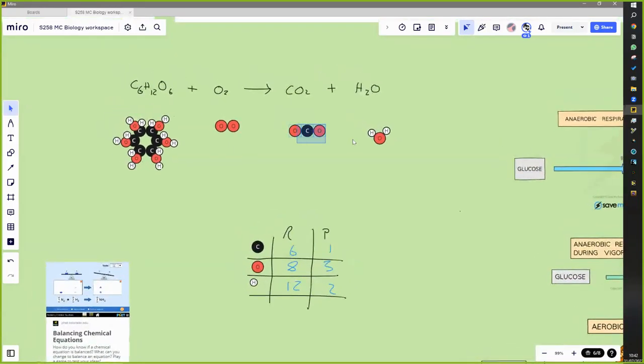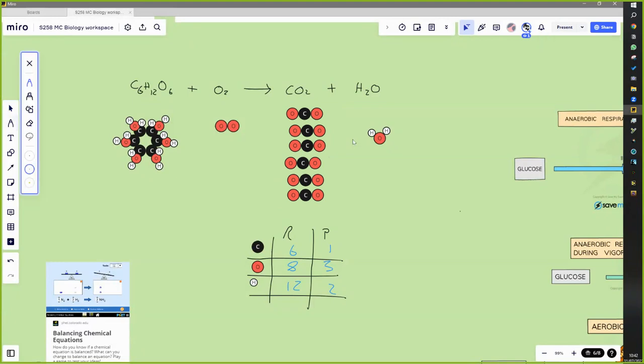So if that's 2, that makes it 3. Now we'll just double all of that. I think I should have made these molecules a bit smaller, but I'll probably get away with it. So that means I can now say that's 6, and I can update the table to say that we've got 6 carbons now.